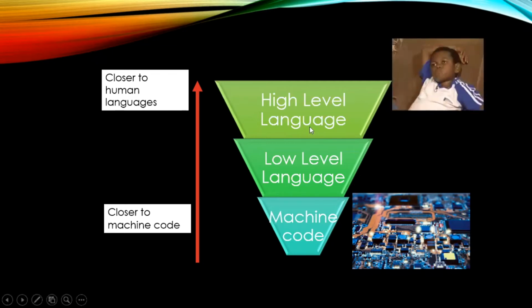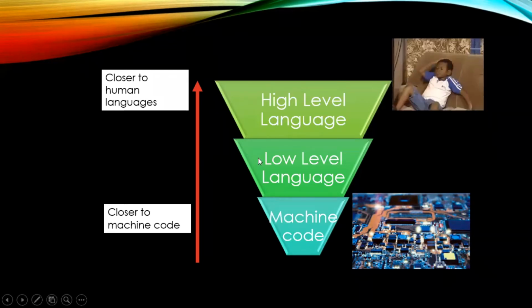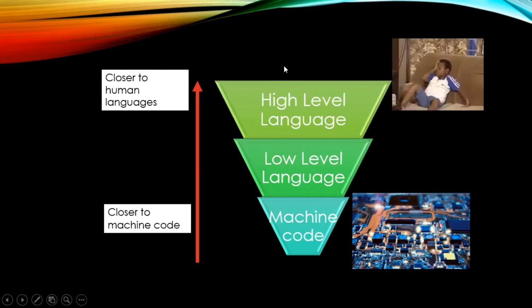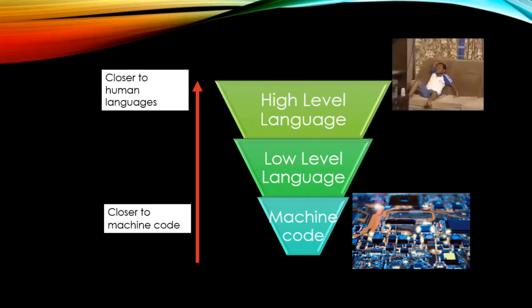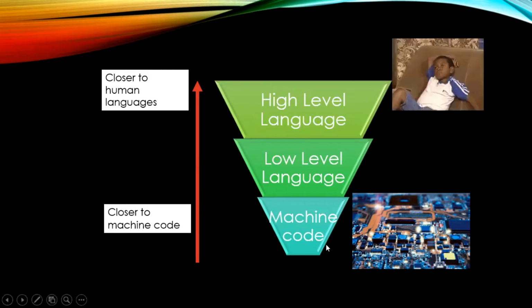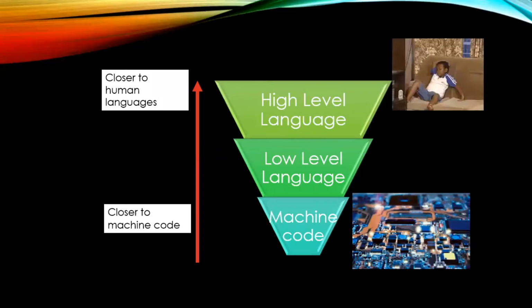At the highest level, you have high-level languages. These are programming languages that are closer to human languages. In what ways? These programming languages contain English keywords, wordings. Whereas at the lowest level, at the machine code level, here we are talking about binaries.